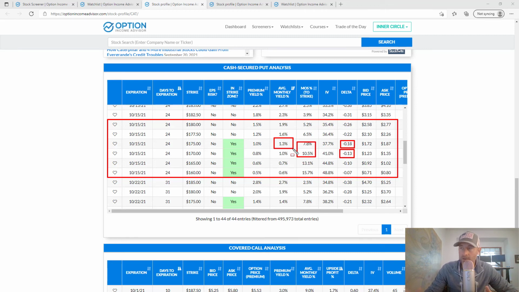Think about your position size for Caterpillar: maybe you take a quarter of the position now, buy the stock, and then take the rest of the capital and secure some puts at a lower price, just in case the market trades down a little bit, right? Because you never know in these volatile times. If we end up testing that 200-day moving average, you're going to appreciate the fact that you've got some puts in there. So I think you can straddle the fence, if you will, by owning some stock and also selling the put. And that's what I would do.